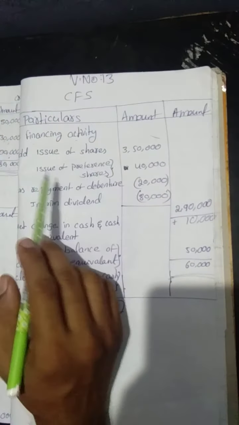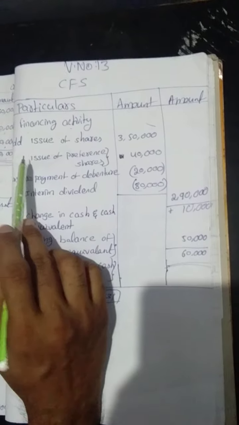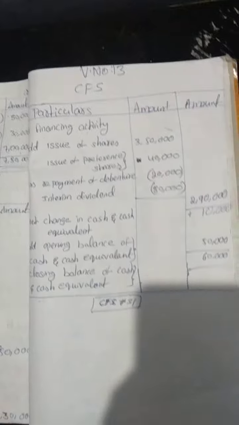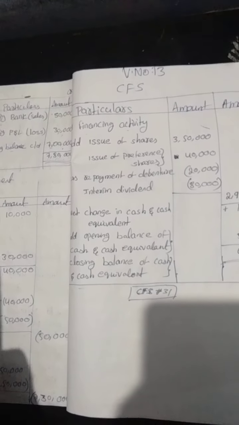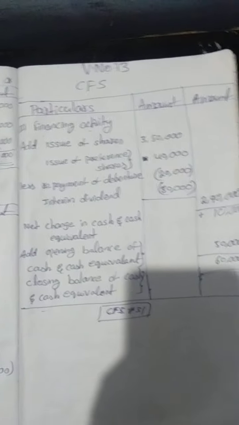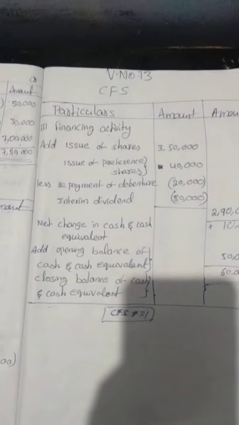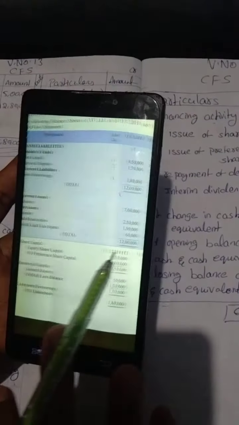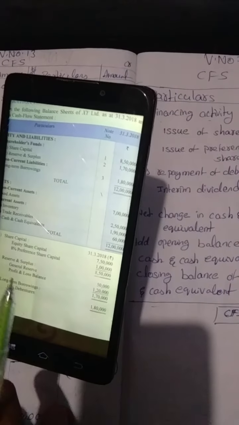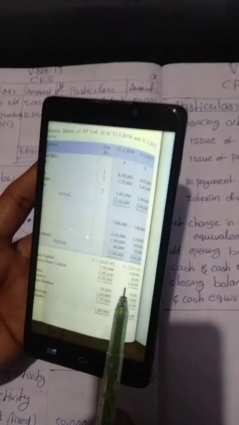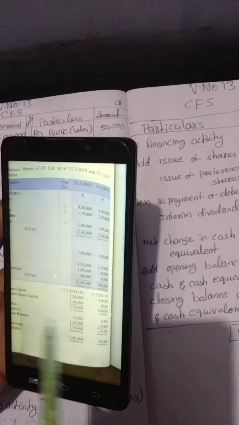Next we have to go to the third, financing activity. In financing activity, we already saw share capital. Share capital includes preference shares and equity shares, which we already saw in the question. Here the adjustment says equity share capital of the current year is 7,50,000, previously 4 lakh.